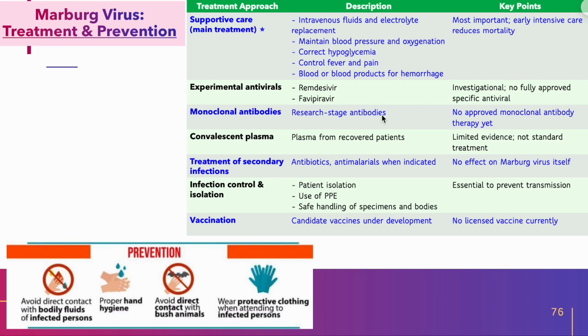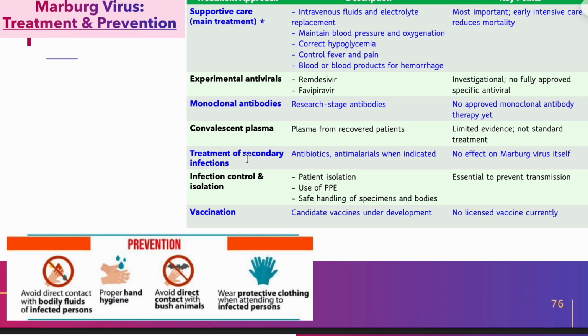Marburg virus can also occur with bacterial co-infection, so we treat with antibiotics, and if it's co-infection with malaria, we can use anti-malaria drugs. For control and isolation, it's still the same as Ebola virus. We use PPE, safe handling of specimens and bodies, and isolate the patient.